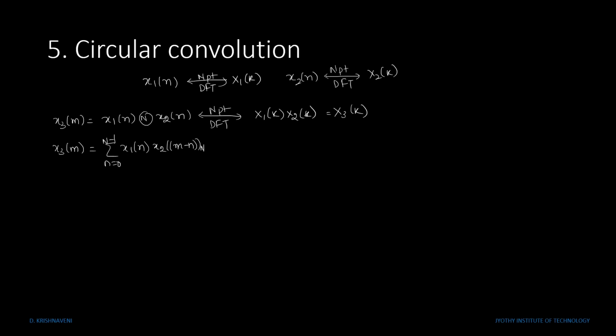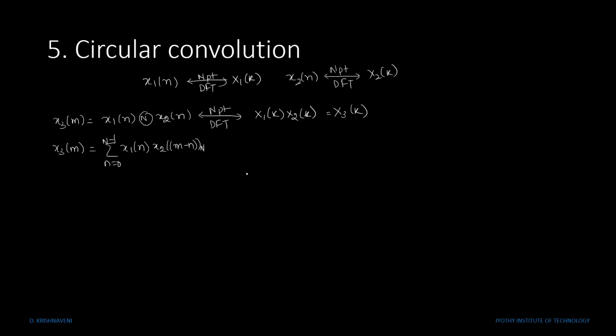This is the formula of circular convolution. So we have to prove that circular convolution of the two sequences in the time domain is equivalent to the product of the individual DFTs in the frequency domain.